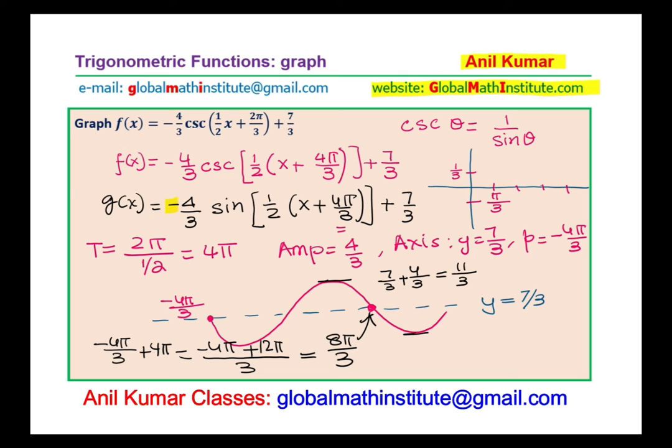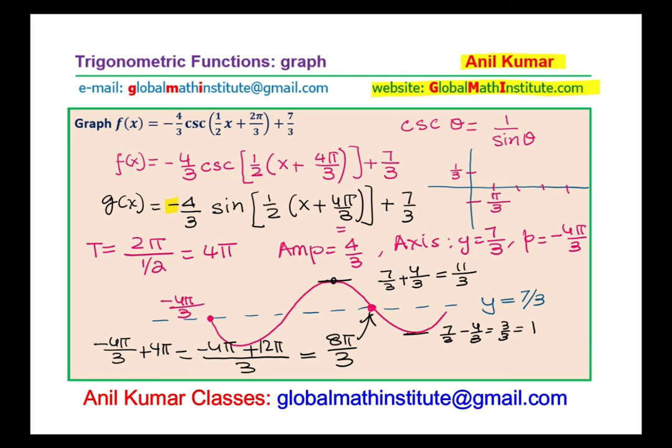So that is the maximum, and the minimum will be 7 by 3 minus 4 by 3, which is 3 by 3, or equal to 1. You get the whole idea, correct? So you get the maximum and minimum points and your graph as shown here. So that becomes a sine function, right?